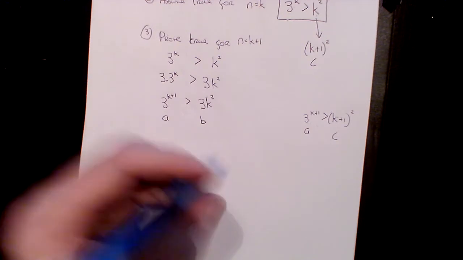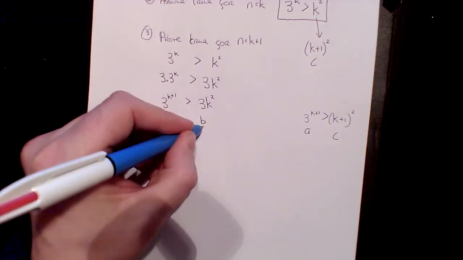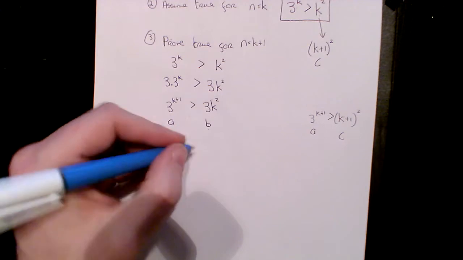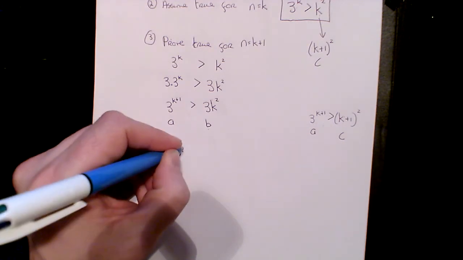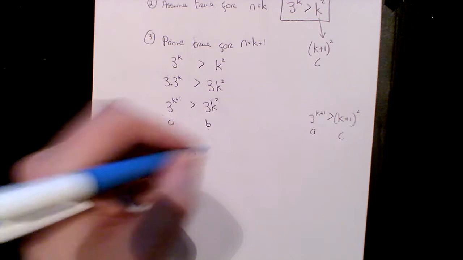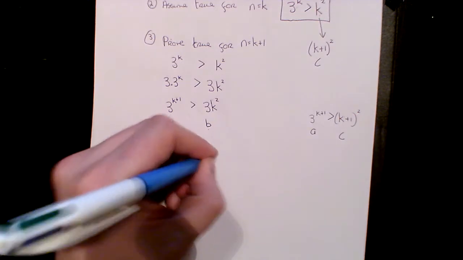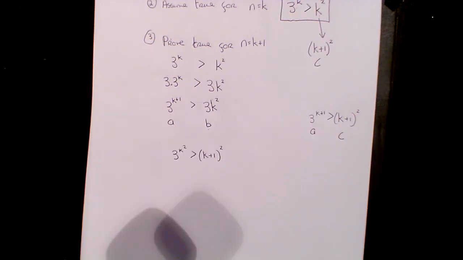Alright, so here I have it over here. Okay, so let's start proving it. I want to prove that b is greater than c. So b is 3k squared, and I want to prove that that is greater than (k+1) squared.